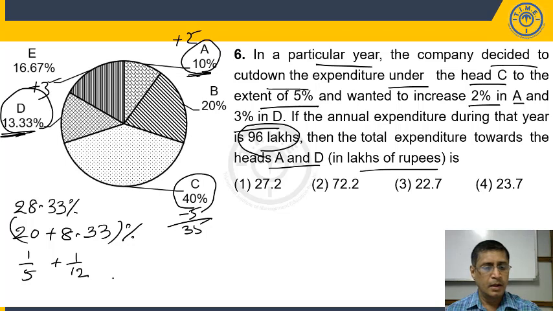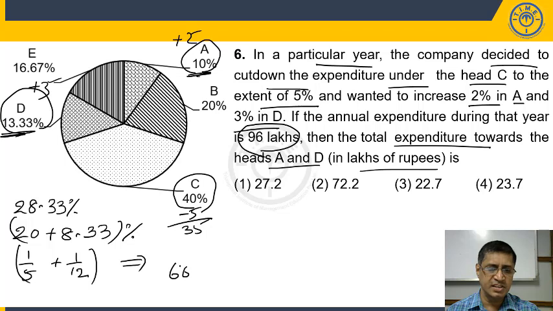Am I clear? Now what is the question here? We need to find the expenditure towards A and D together, the sum of these two with respect to 96 lakhs. What is the sum of these two? The LCM is 60, whereas the sum of the numerators is 17. So 17 by 60 into 96 lakhs.